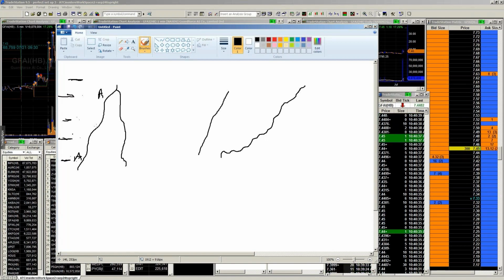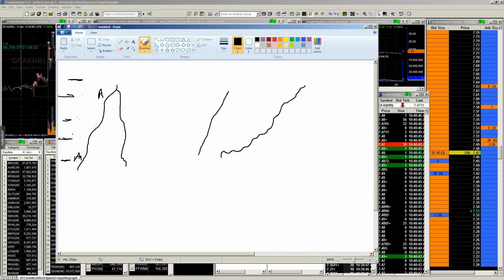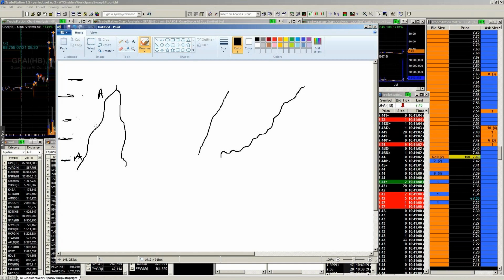So if they're confirming everything that they're doing, once they're done with that push towards the upside, what's going to end up happening? Where are we coming back to? Conservatively, back to the original ask prints from that first level.